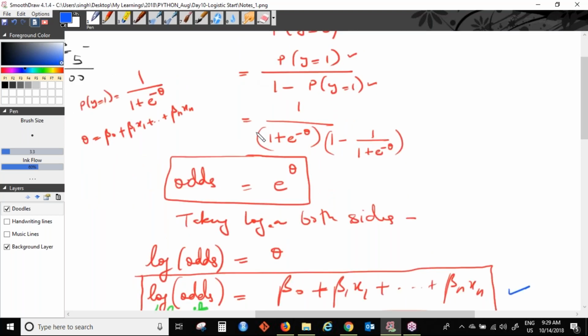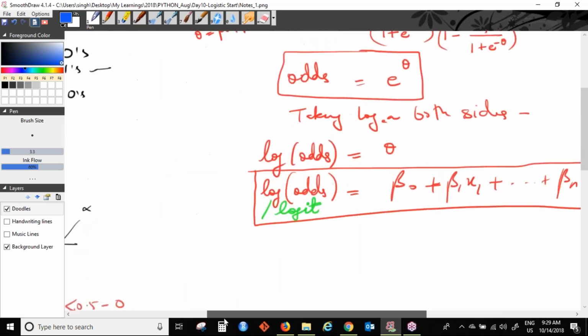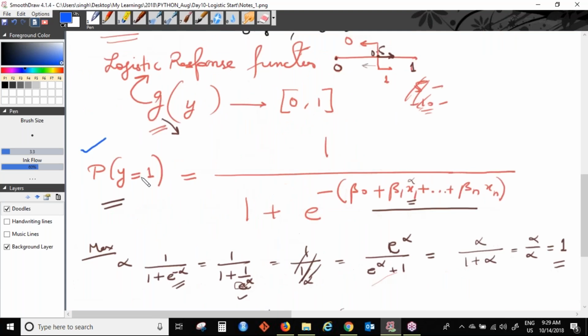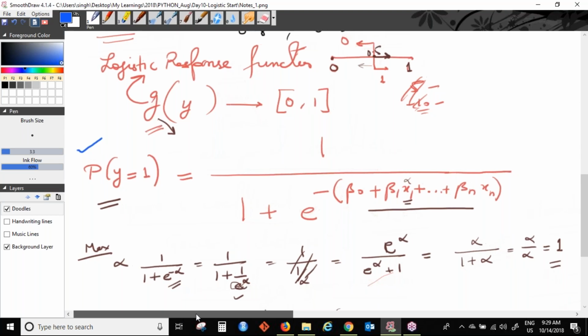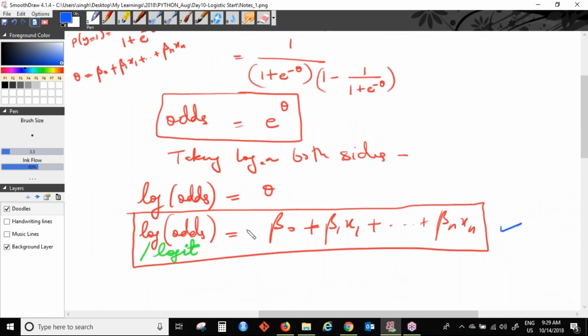But we will mostly be using the other one because we want probability as output. We don't want log of odds, we want probability of y is equal to 1. We don't want log of odds, but you should know this.